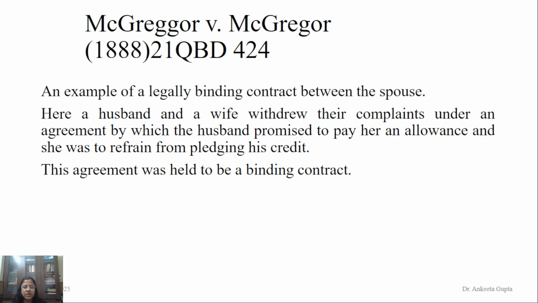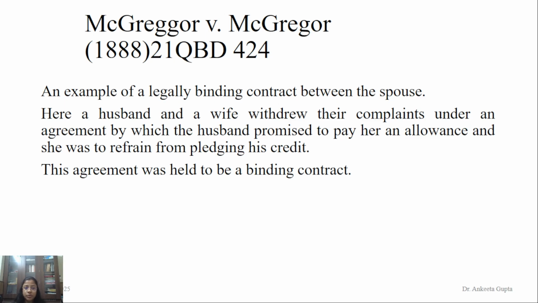Because both the husband and the wife were able to prove that their specific actions, for example, withdrawing of complaints or refraining from pledging the credit, had very specific connotations in terms of the agreement that was entered into between the two. And it was not just a dinner table conversation that, okay, fine, I will give you 20 pounds a month, or I will give you 30 pounds a month.